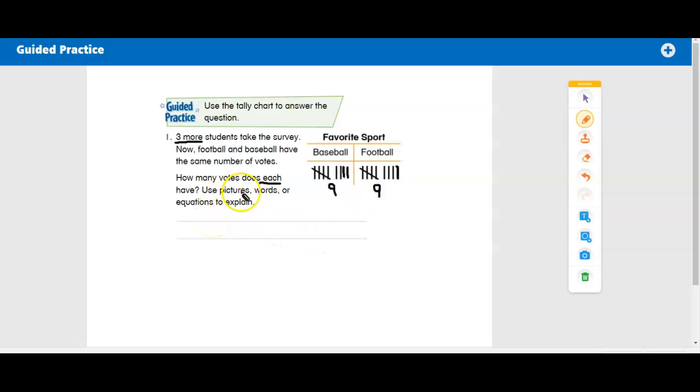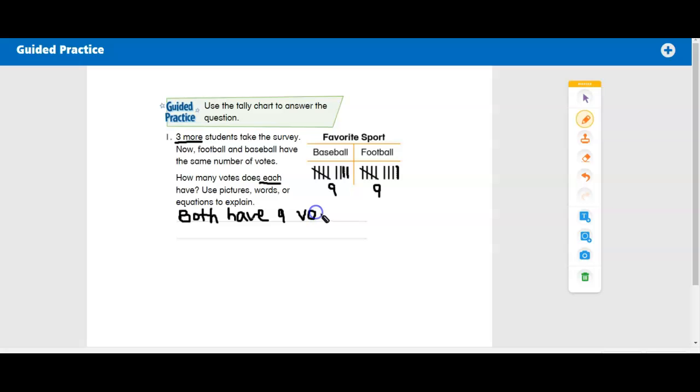So we can use pictures, words, or equations to explain. I am going to use words. I am going to say that both, talking about baseball and football, both have 9 votes.